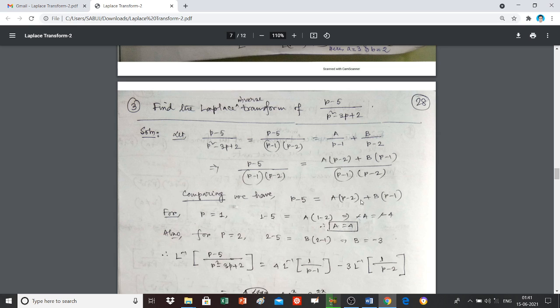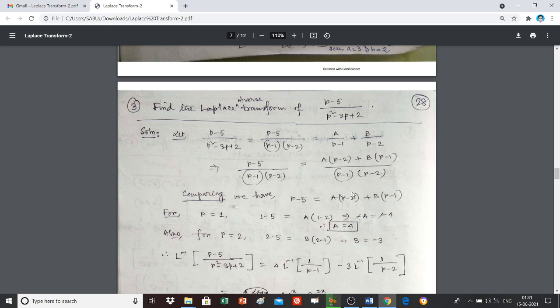Now in this expression, first consider p equal to 1. If you use p equal to 1 in this relation, then since p is equal to 1, we have 1−5 equal to A(1−2), because the other term will give you 0. So from here you obtain A equal to 4.